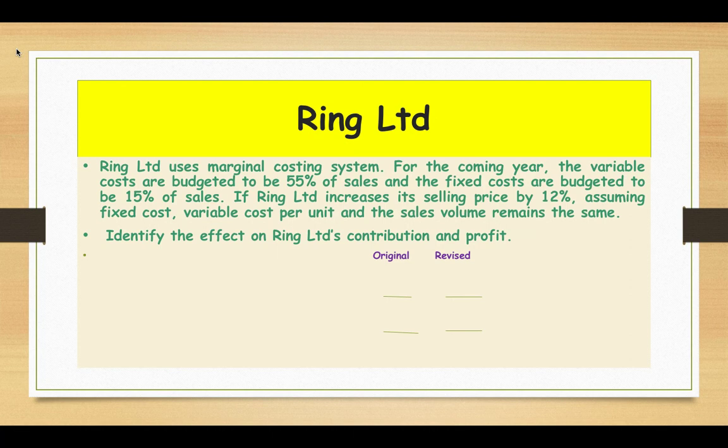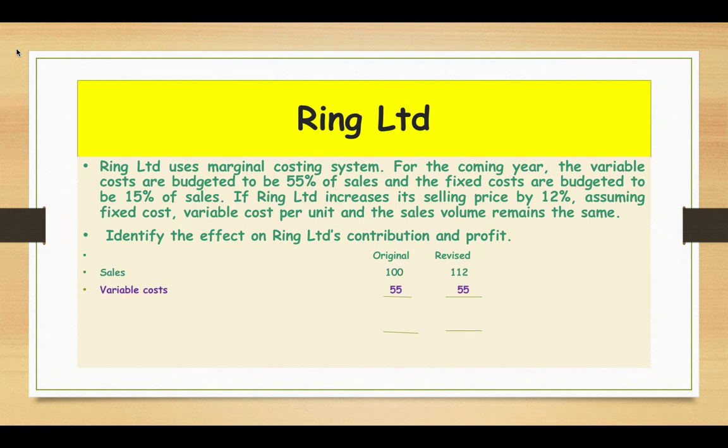One is our original contribution and profit, and the next one is the revised one. So if the selling price is £100 now, after the revision, that means they are planning to increase the selling price by 12%. So the new selling price is going to be £112.